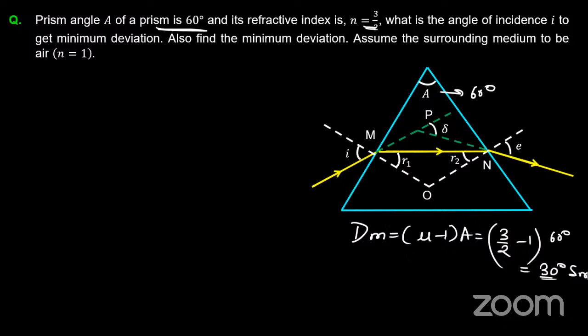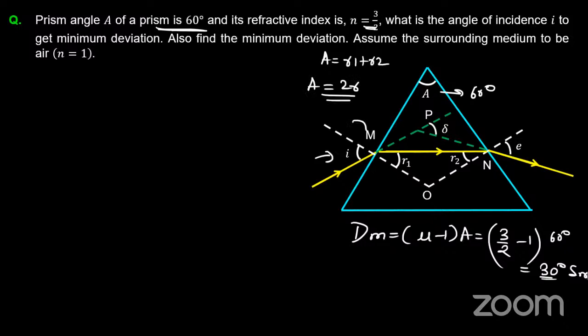Fine. We want the incident angle which is responsible for such minimum angle of deviation. How we'll find? We also know this thing. Angle of prism is equal to R1 plus R2, and in this case A equals 2R.